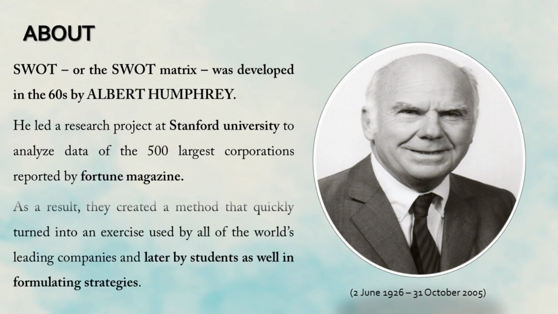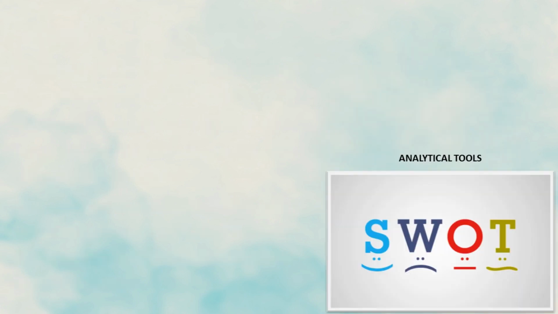As a result, they created a method that quickly turned into an exercise used by all of the world's leading companies and later by students and research scholars in almost every social science and science field, in order to formulate strategies.